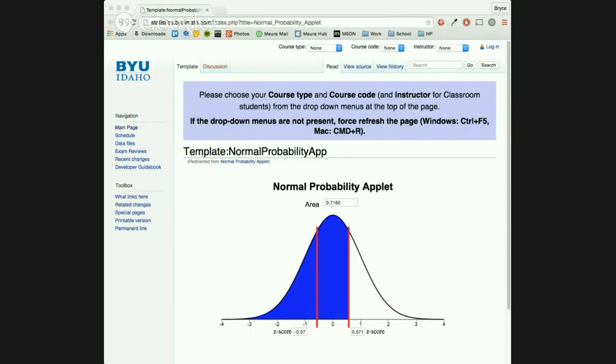So x, let's see here. Oh, right, the area. So we're going to put in as the area what the percentile is, right? So 0.35.